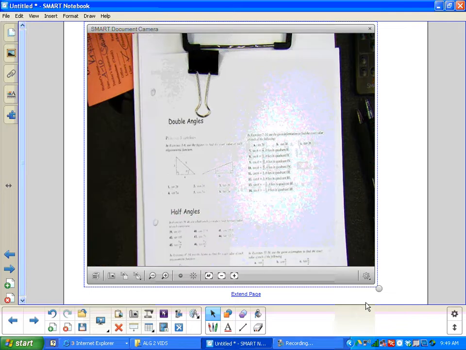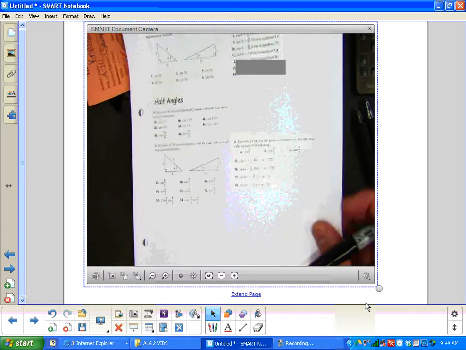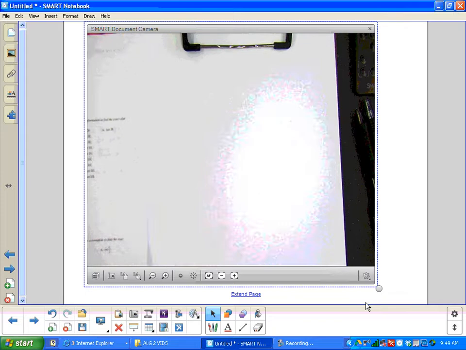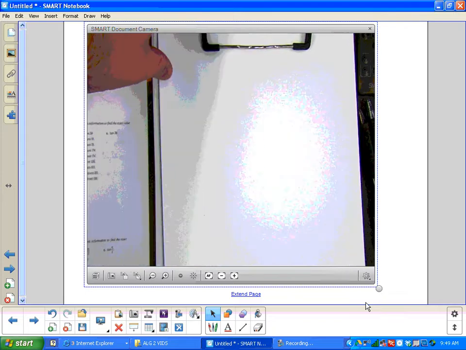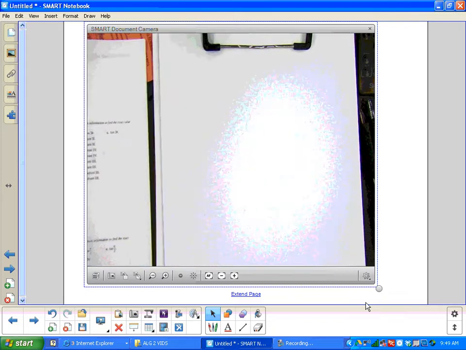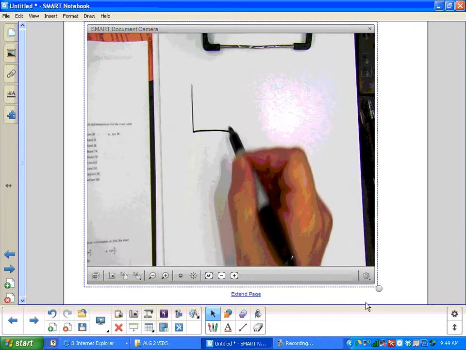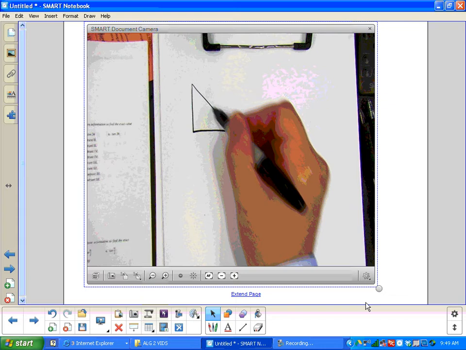Okay, we're going to do the same thing, except for we're just going to do it with half angles. Okay, now I'm going to do 47, 48, and 49 here. And so they've got an easy 3, 4, 5 triangle.